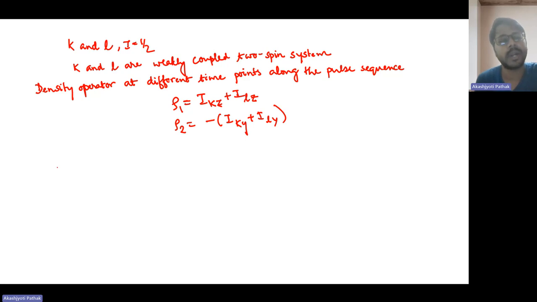Explicitly, the evolution of the product operators is shown here for K only. Similar calculations apply for the spin L as well. Now rho two evolves under scalar coupling during the spin echo T1 and during the detection period T2. Thus, the total time period will be T1 plus T2, right? So what you can next write is this.